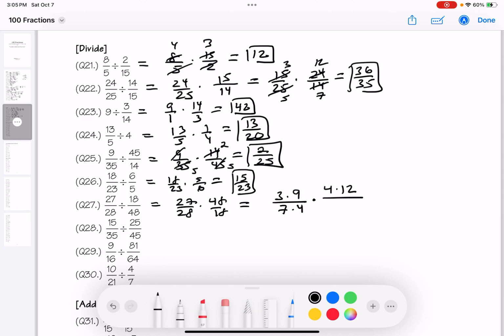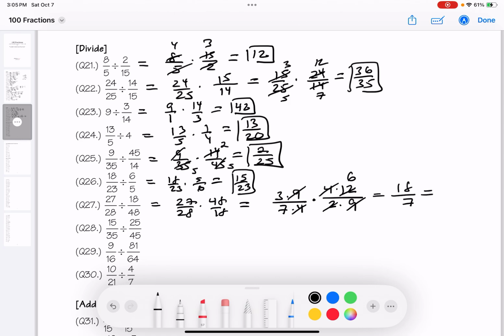I'm looking for factors that are common between top and bottom. Looking around, do I see things? Yeah, I do see the 9s canceling off. I do see a 4 canceling off. And someone says, do you see anything else? I do. I see a 2 going into 12 6 times. And what are you left with over here? Well, 6 times 3 is 18. And then on the bottom you get 7.